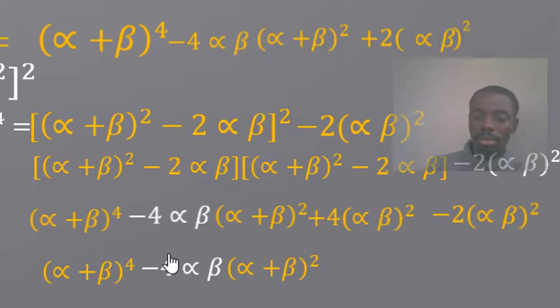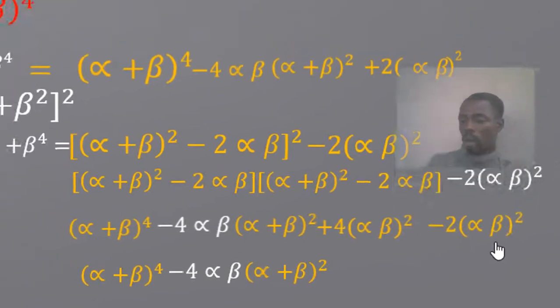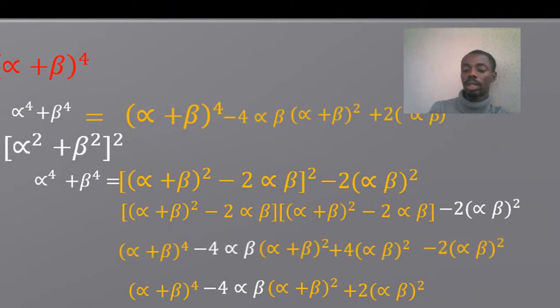So, having alpha plus beta all raised to the power of 4 minus alpha plus beta all squared. So this is plus 4 of this value, and this is minus 2 of the same value. Plus 4 alpha beta squared minus 2 alpha beta squared. That's plus 2 alpha beta squared.